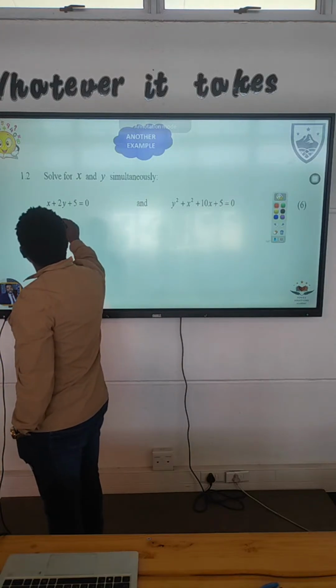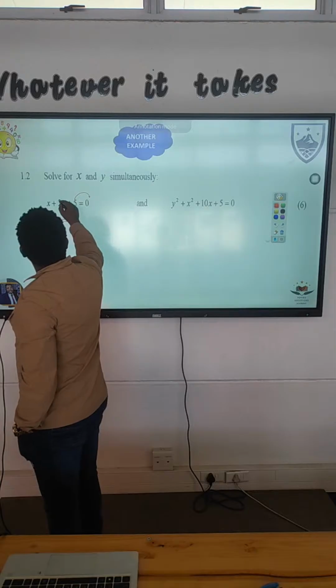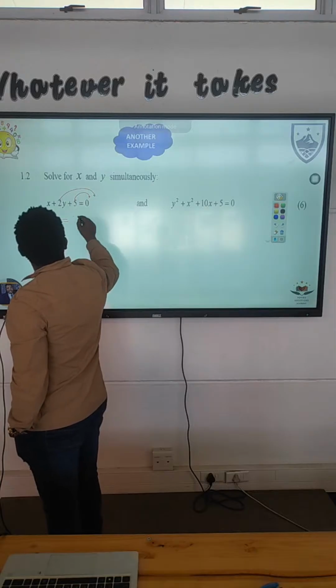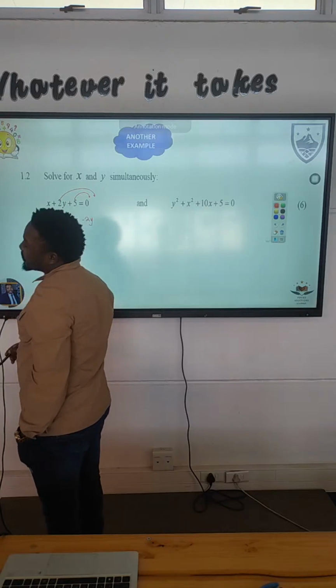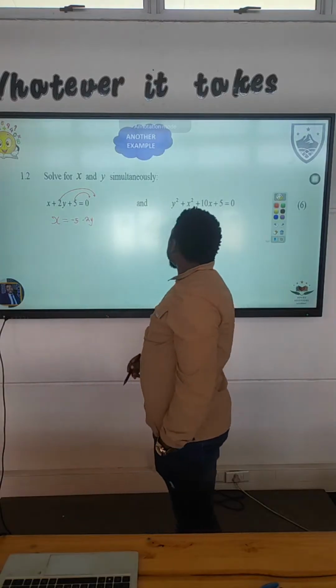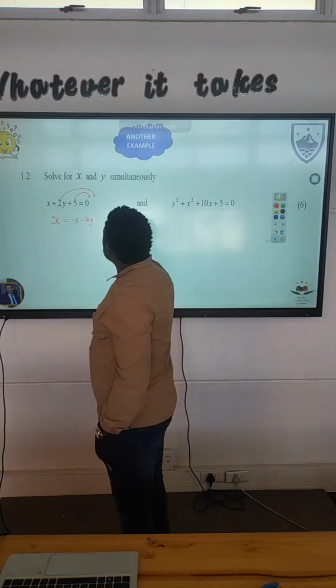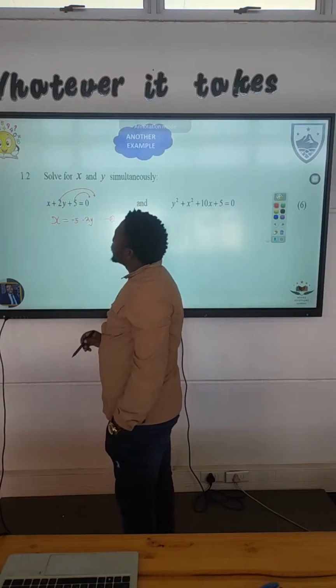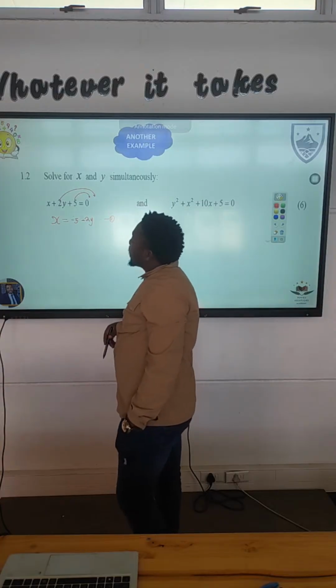So I'm going to have x equals to, take the 5 to the other side, take the x also to the other side. So I'm going to have a negative 5. I'm also going to have a negative y on the right hand side. And I'm going to call this equation number 1. I just transpose them to the right hand side.